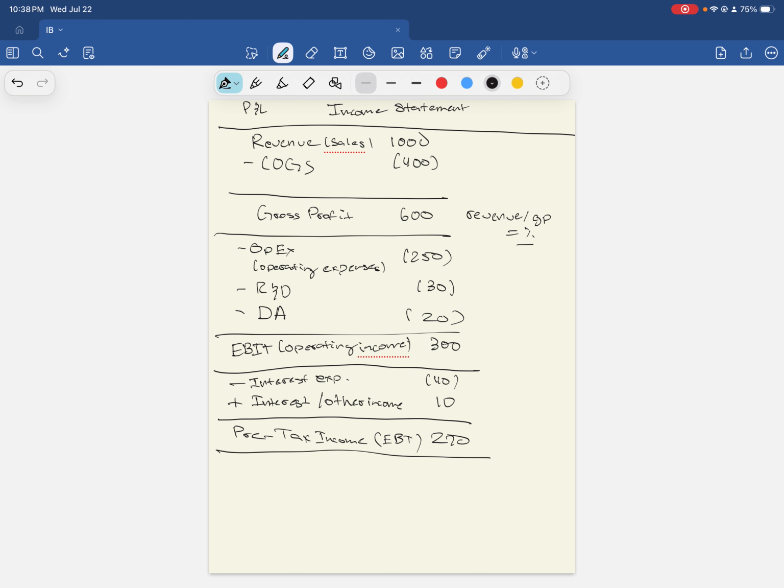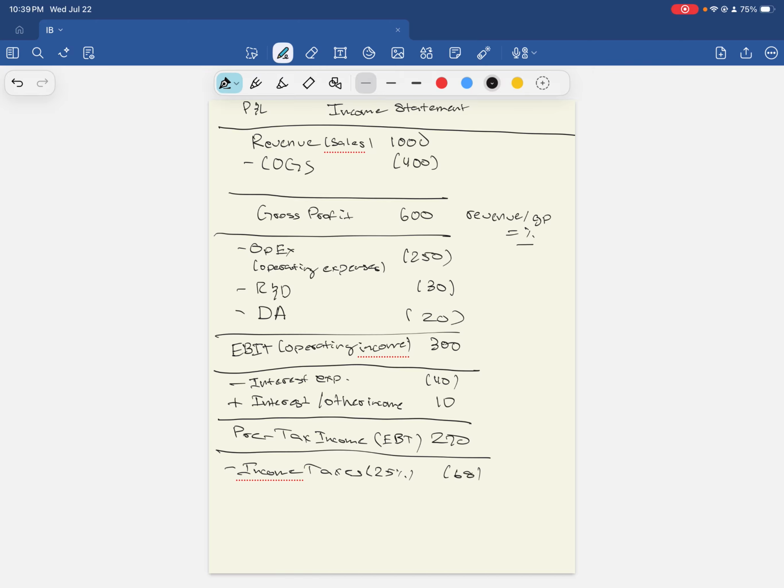Split this up. So here you're going to subtract out your income taxes, right? Your income taxes, say it's at, you always ask your interviewer, hey, before I walk you through the 3 statements, let me get a quick, what tax rate should I assume? Say the interviewer says 25%, right? Basically here you would take your 270 times 1 minus your tax rate, and you see how much tax that is.